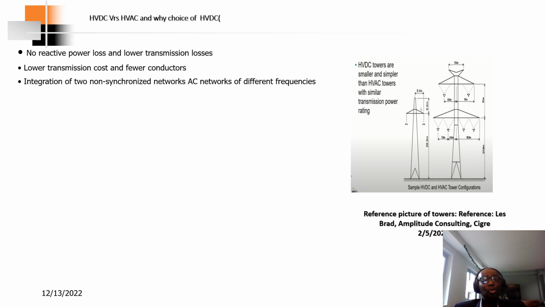To be able to transmit and integrate these two nations, you need an HVDC back-to-back network that will basically integrate the 50 hertz and the 60 hertz different frequencies and be able to exchange power between these two nations. It is able to transmit power for longer lengths of underground cable, submarine cable, and transmission lines.